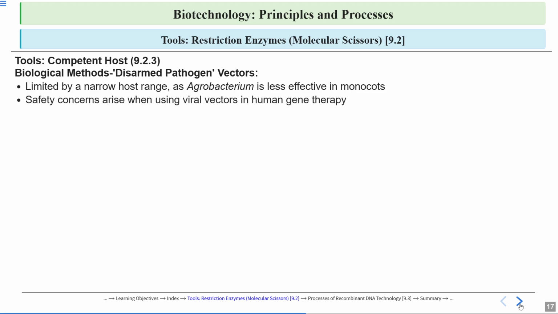Then some safety concerns arise when using viral vectors in human gene therapy. As I told, the retrovirus's usual role is to convert normal cells into cancer cells, but we thought, okay, we have disarmed these pathogens and inserted our gene of interest, and then injected it into a human.